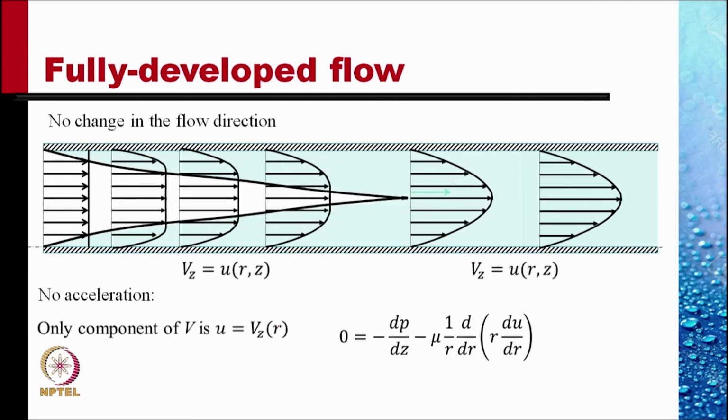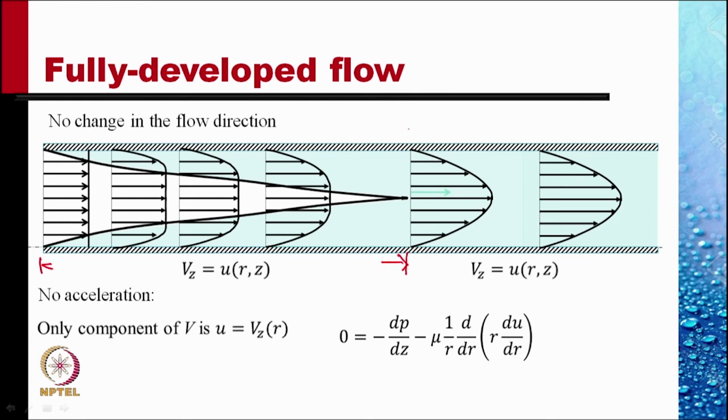Then there is a concept of fully developed flow. We've seen earlier that as a flow enters a pipe, the velocity profile changes down the pipe, but only up to a distance which is termed as the entrance length.